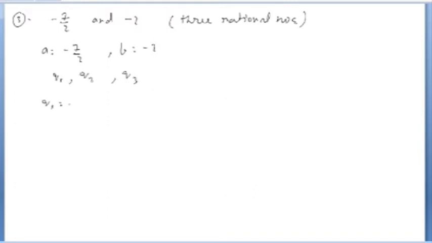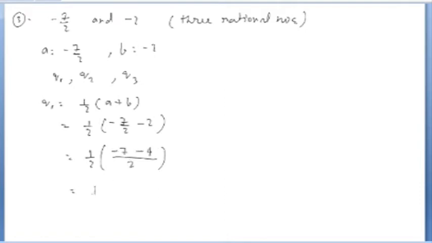So q1 will be 1 by 2 (a plus b), which becomes 1 by 2 times (minus 7 by 2 minus 2). Solve this. 1 by 2, LCM 2, minus 7 minus 4, minus 11 by 4. This will be q1.